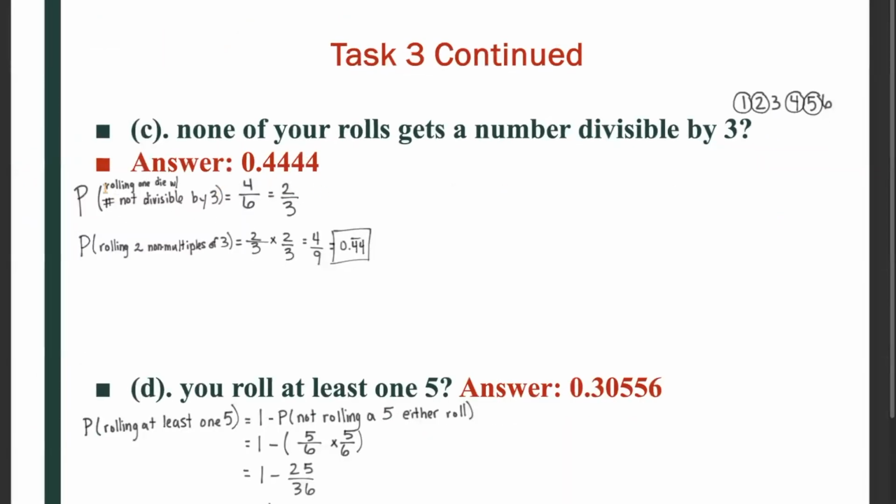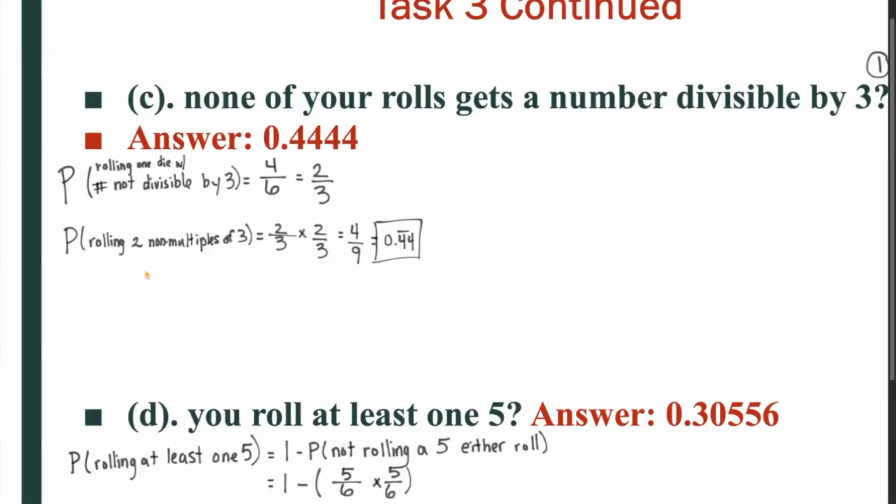So the probability of rolling one die with a number not divisible by 3 is 4 over 6, which simplifies to 2/3.